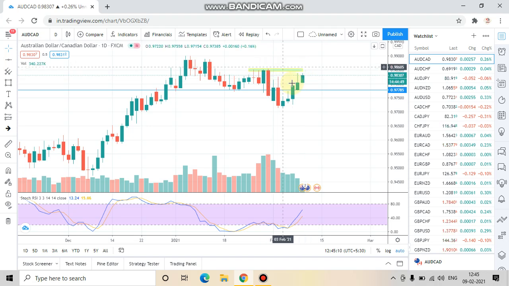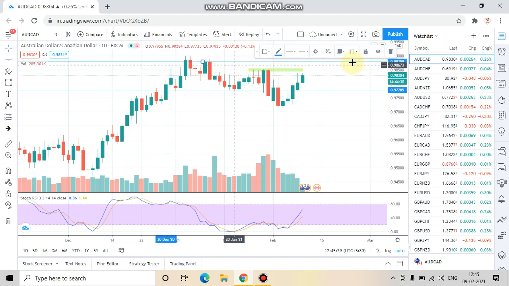So you need to be careful. If it crosses this particular point, you can go ahead and go for long. If it breaches this price zone, then your next target will be this.